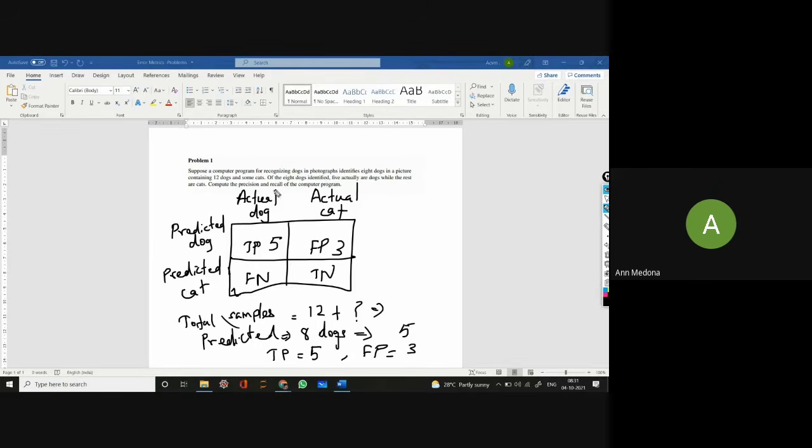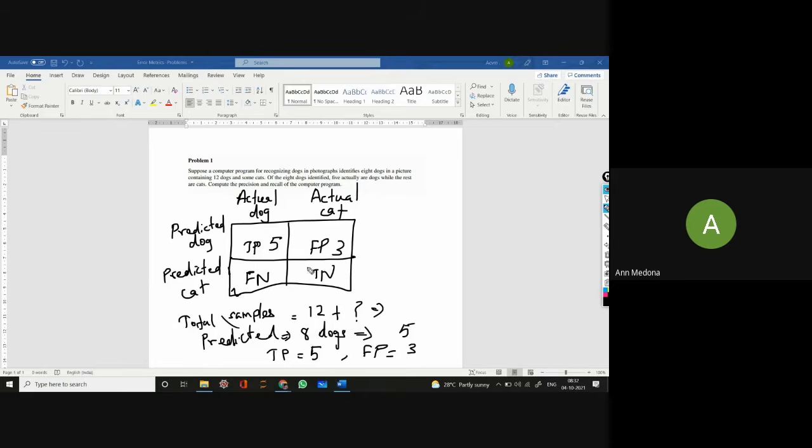We need to compute the precision and recall of the computer program. We got the value of true positive, we got the value of false positive. Now we need to obtain the value of false negative. True positive and false negative, if you add both, correspond to one class, the category dog.